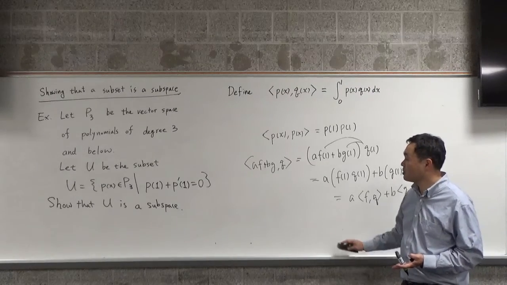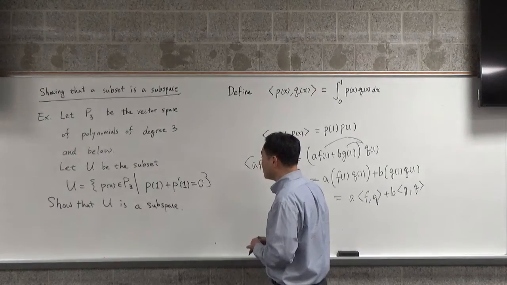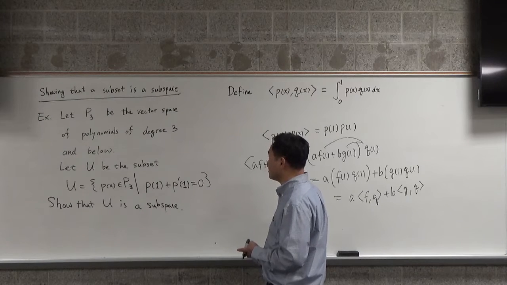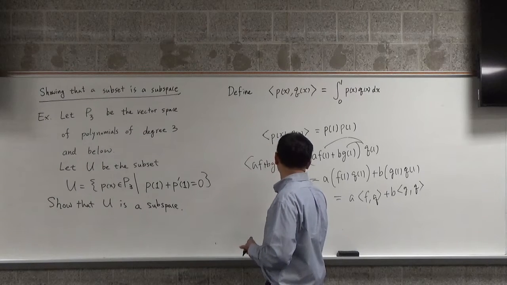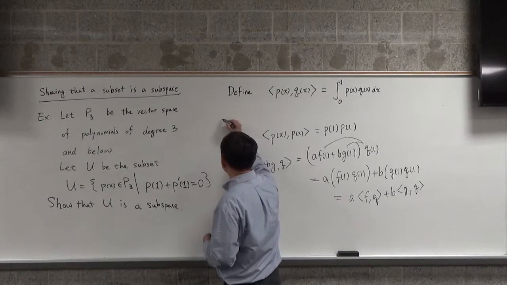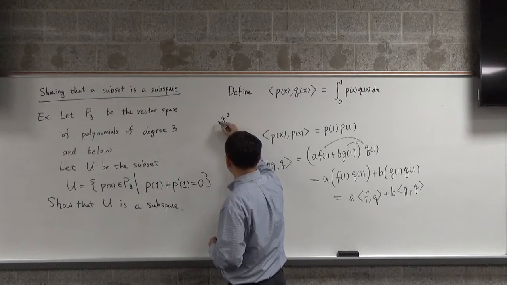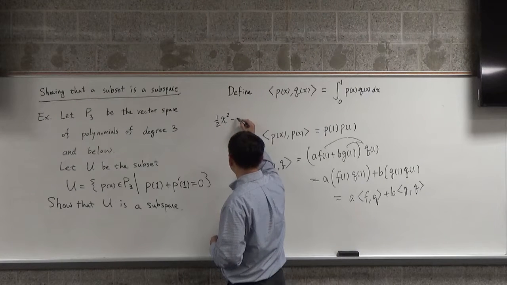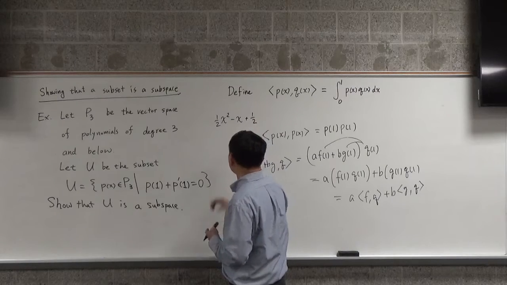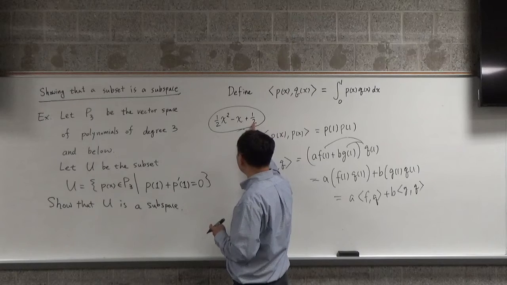Let me see. Yeah, so for example, if you have this polynomial, if you plug in 1, you get 0.